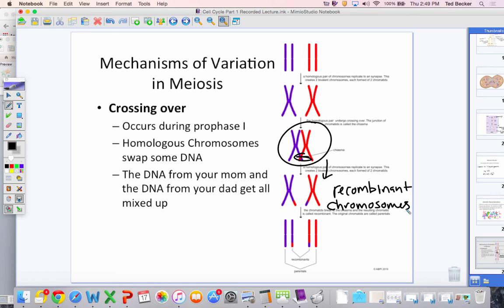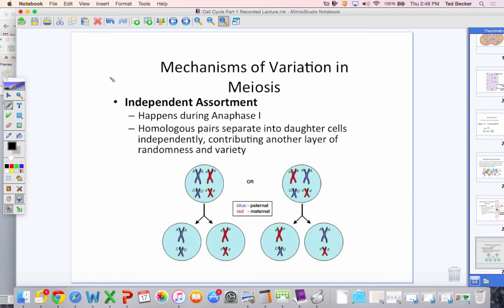And some of the DNA from your mom and some of the DNA from your dad gets mixed up, because remember, that's what homologs are. They're chromosomes with the same genes on them, but one's from mom and one's from dad. So during this crossing over, these homologs swap DNA and they become more varied.